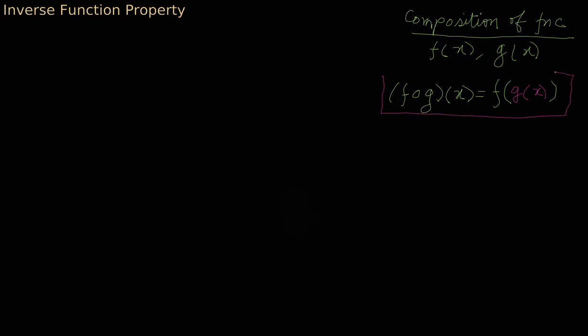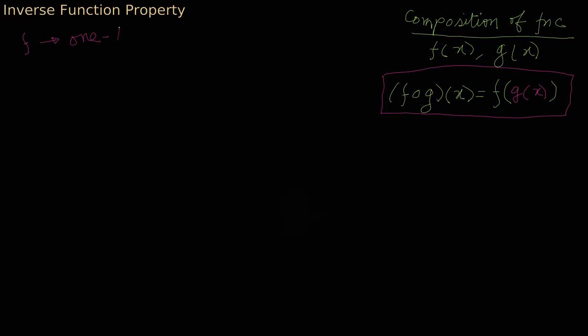Okay, now we are going to use this formula in our inverse function property. So let us see the inverse function property. We learned that an inverse of a function is only possible if the function is a one-to-one function. Let's say I have a function and I denote that function using the symbol f, and I know that f is a one-to-one function.